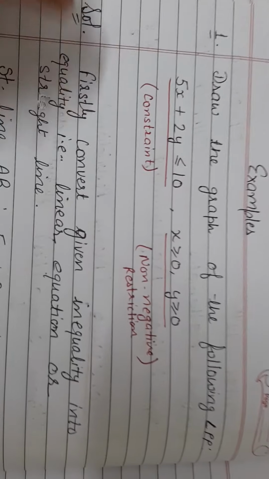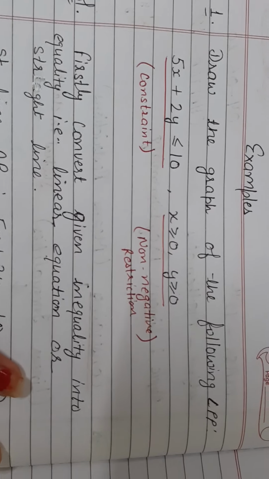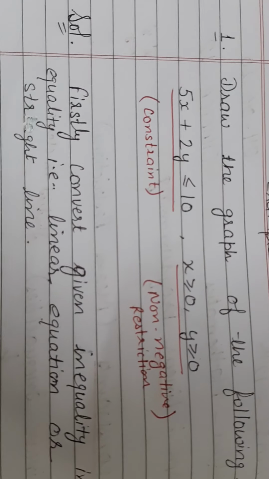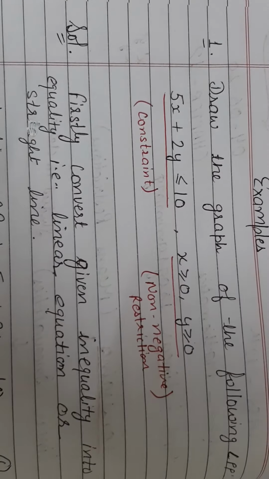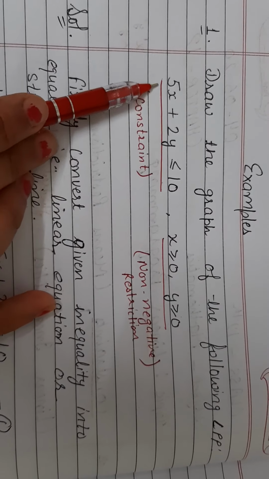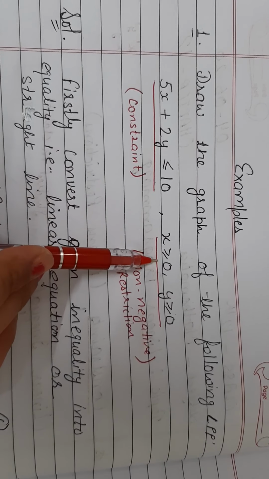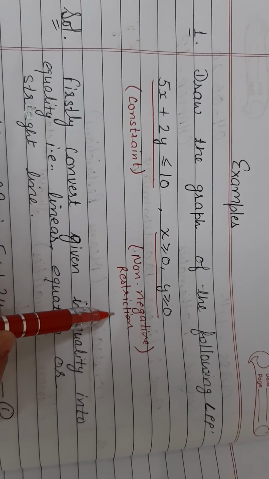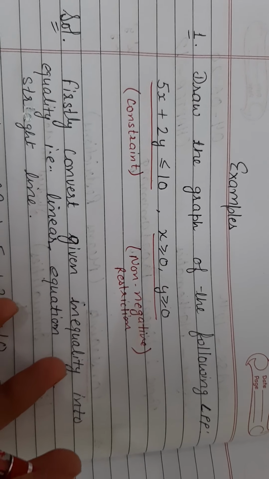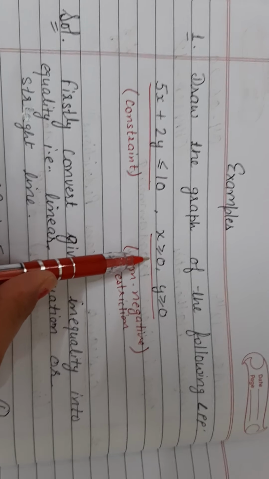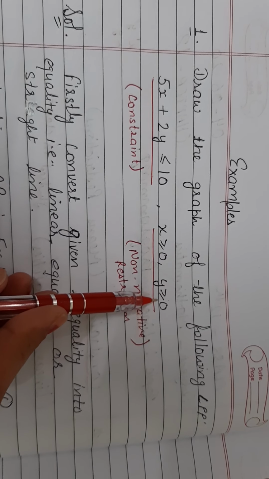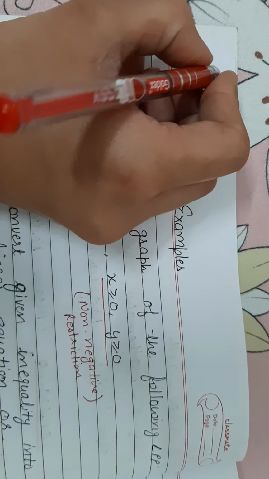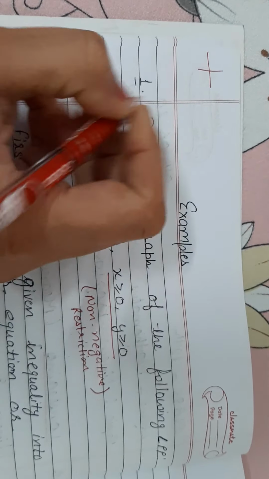First example. Draw the graph of the following LPP. Some constraints are given. This is a constraint, and these are also constraints, but they are non-negativity restrictions: x is greater than or equal to 0 and y is greater than or equal to 0. That means, you know, 4 quadrants are there.